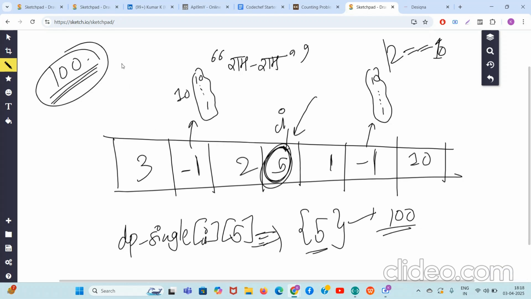Guys, they have always said that you have to consider all different arrays.